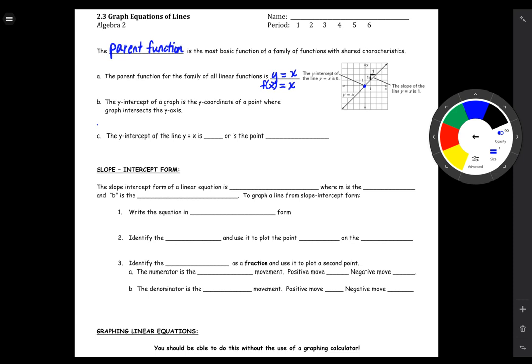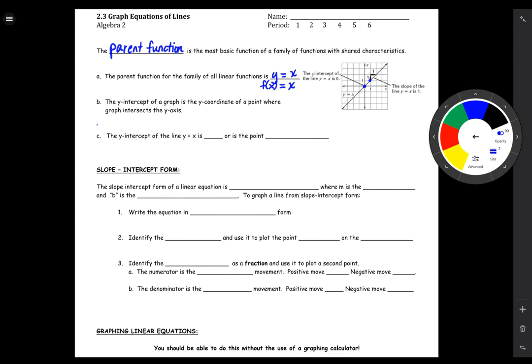And then the slope of the line is 1, because from this point to get to any other point is always going to be a 1-to-1, 1/1 ratio. So you go up 1 and then right 1. So the rise is 1 and the run is 1, so it's 1.